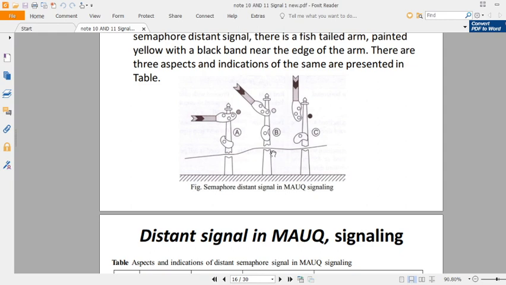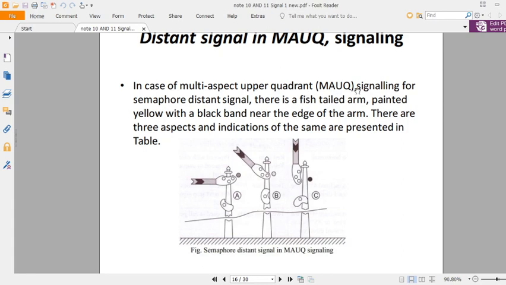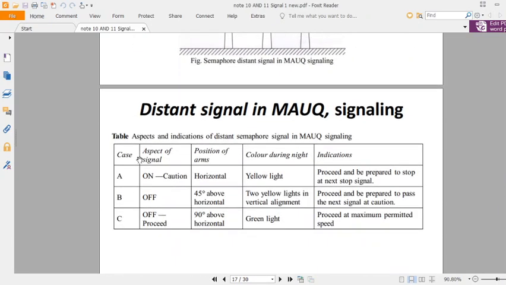Okay, so these are the different positions of a distance signal of a MACL signaling system. In case of multi-aspect upper quadrant signaling for the semaphore distance signal, there is a fishtailed arm painted yellow with a black band. Near each arm there are three aspects, and the indications of the same are presented in the next table.